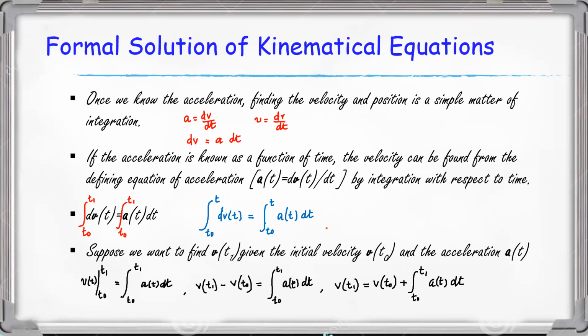Look at the equation carefully. Here the upper limit is t. Here the function a is a function of t. And here the integral variable is also t. Then there must be some confusion. Here it is a limit.